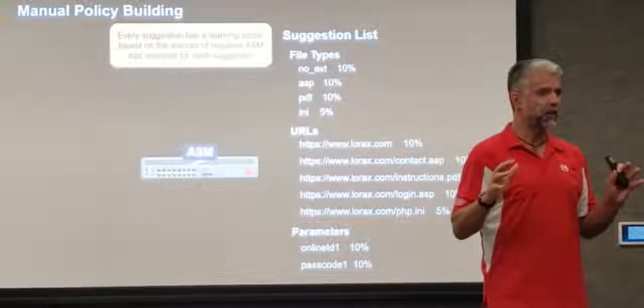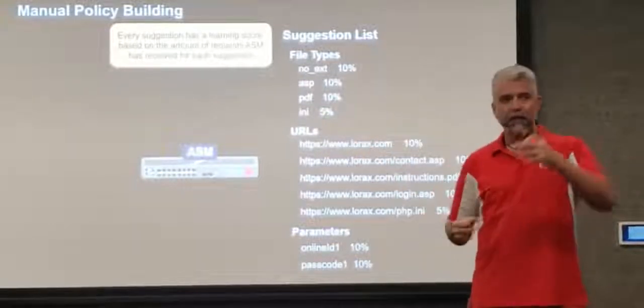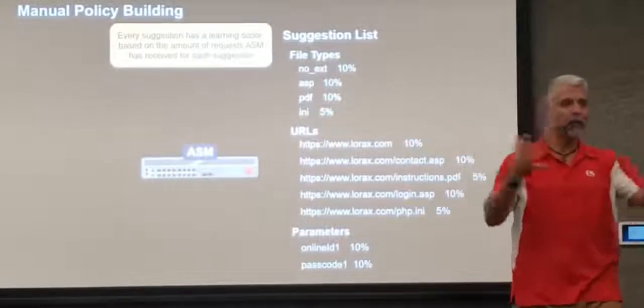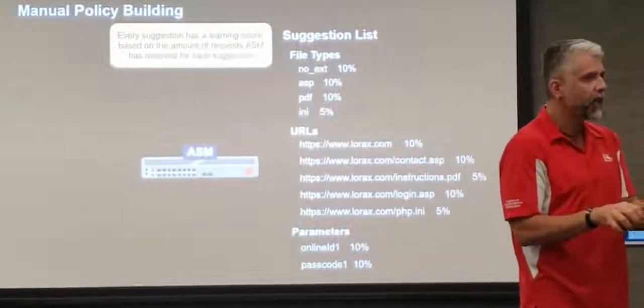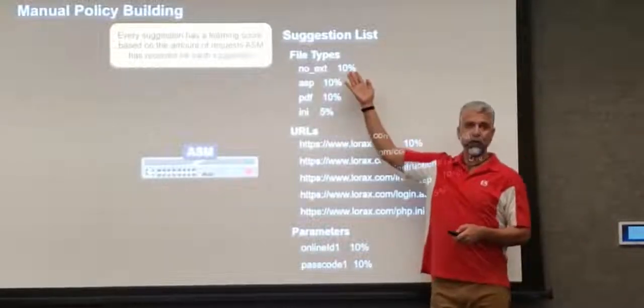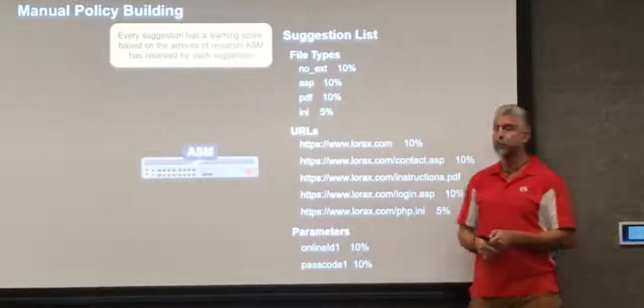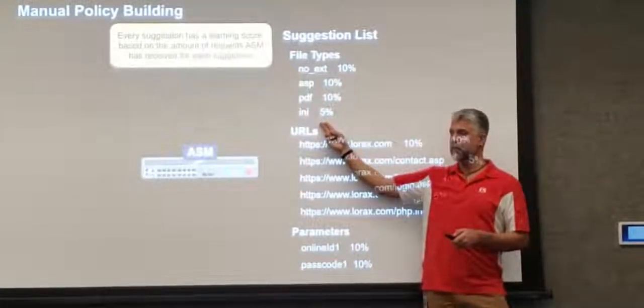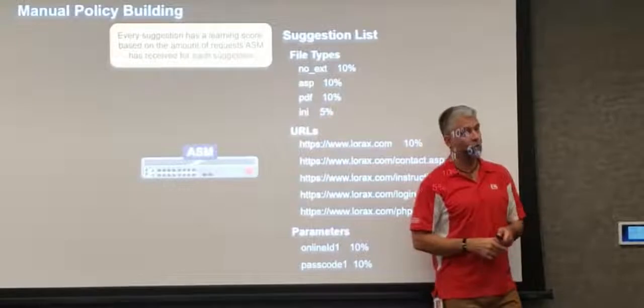That's an important distinction. From different users, different computers over a period of time. The more times different users have requested an ASP file type, the higher the learning score for that particular entry is going to be. Very few people have requested that file type, therefore it has a very low learning score.